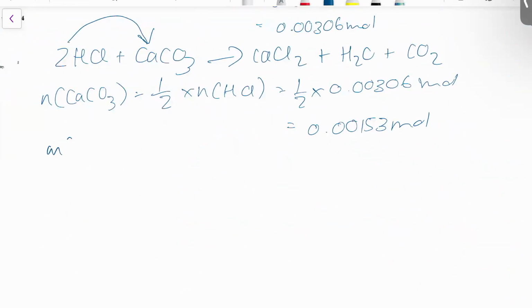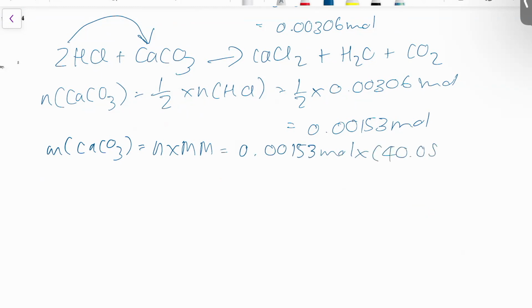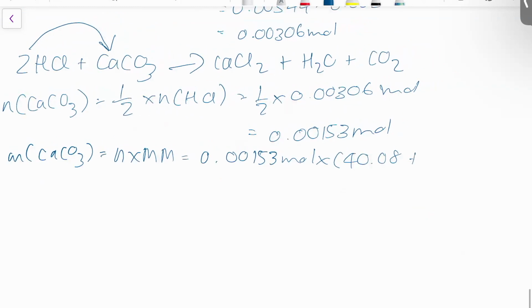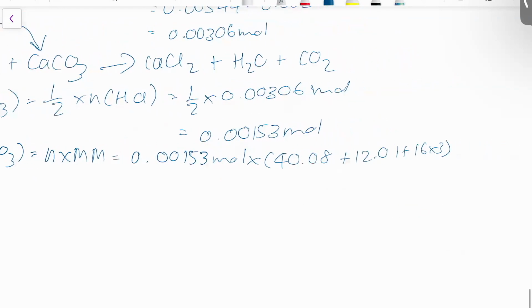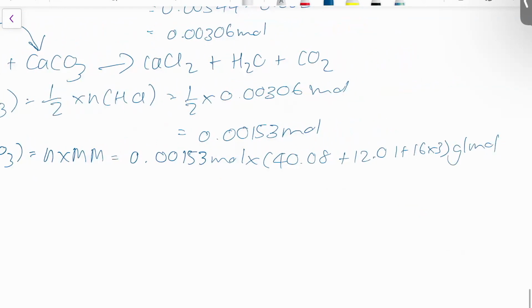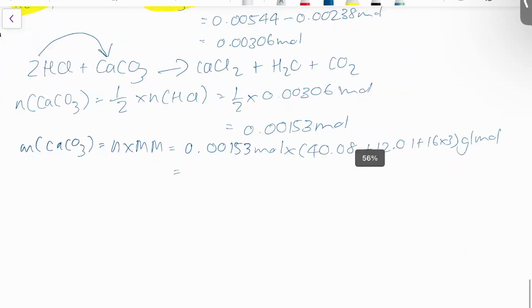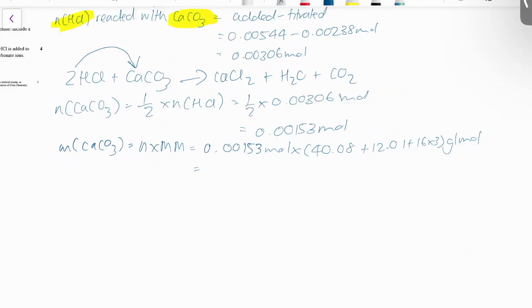So mass of calcium carbonate in grams, moles times molar mass, 0.00153 moles times 40.08 or 09 for calcium, plus 12.01 plus 16 by 3 for oxygen. So what is my mass of calcium carbonate?